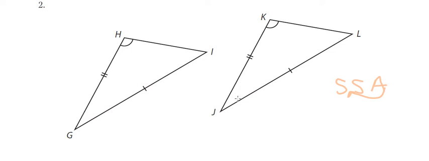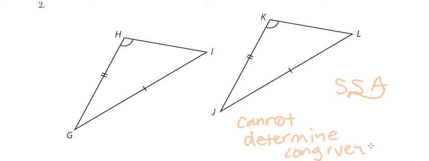So this would only be side angle side if you knew about angle G and angle J. So in this one, you cannot determine congruence. Now, that doesn't mean they're not congruent, but it means you can't necessarily say that they are.